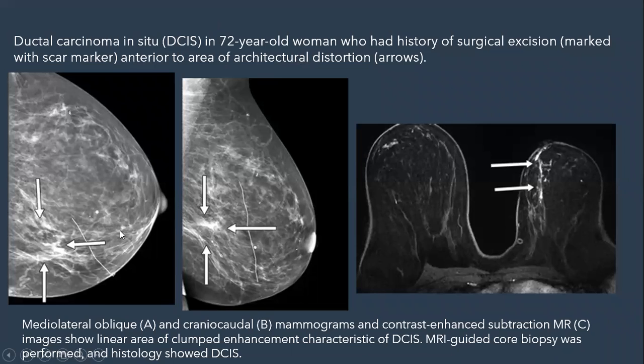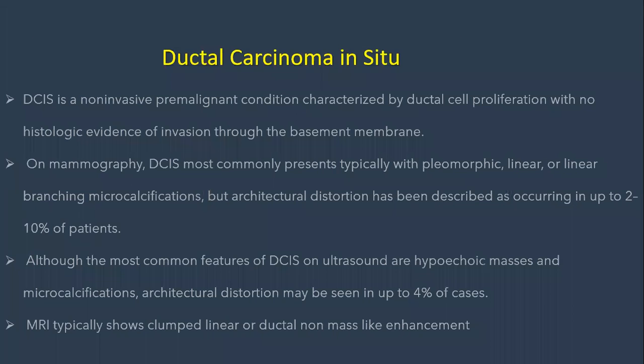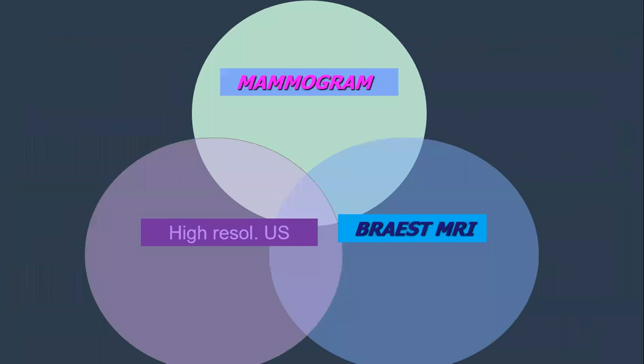The surgical area is a little bit not exactly at the same location as the markers or the area of distortion. And it was an area of ductal carcinoma in situ.